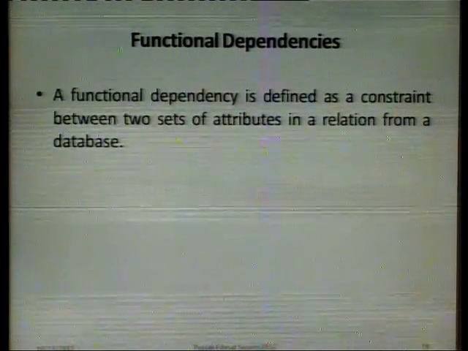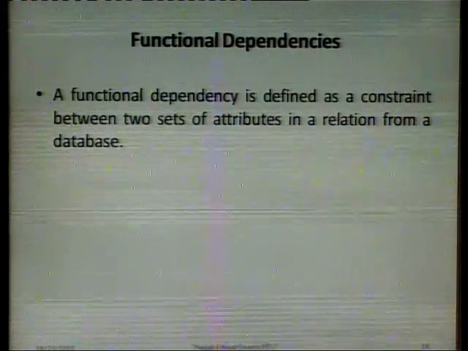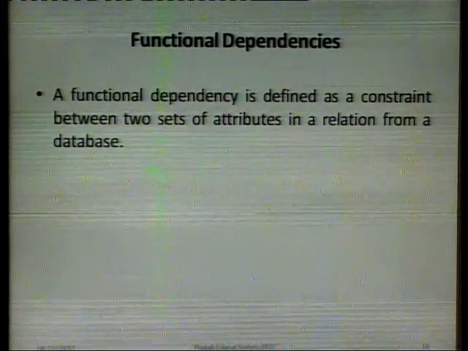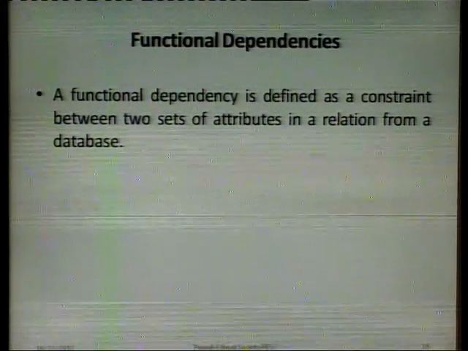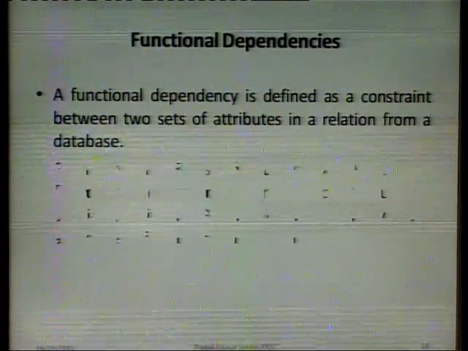Then we had discussed a formal measure for the design of relation schemas, that was functional dependencies. A functional dependency is defined as a constraint between two sets of attributes in a relation from a database.